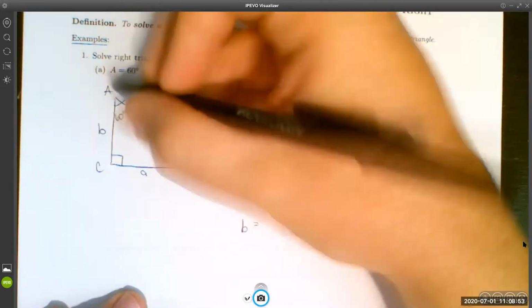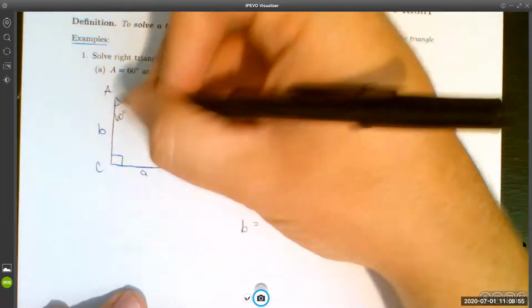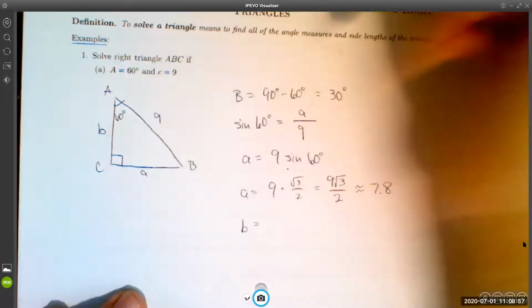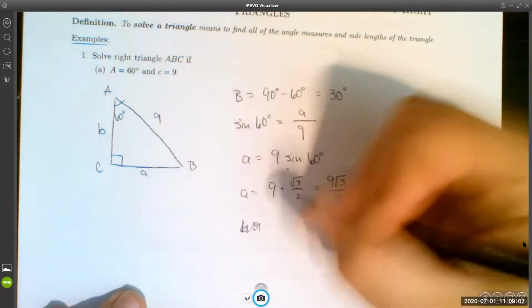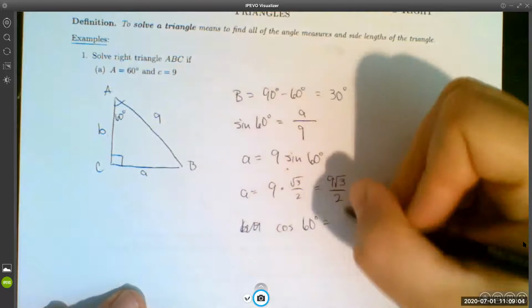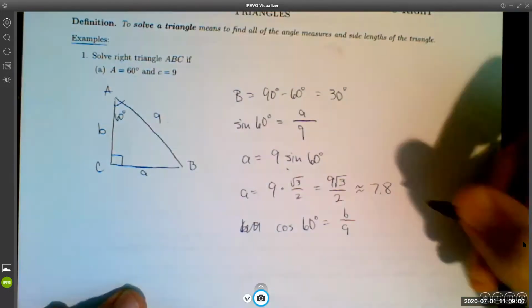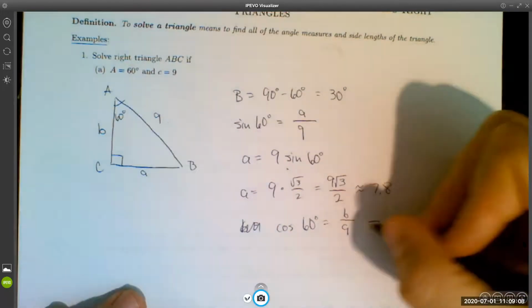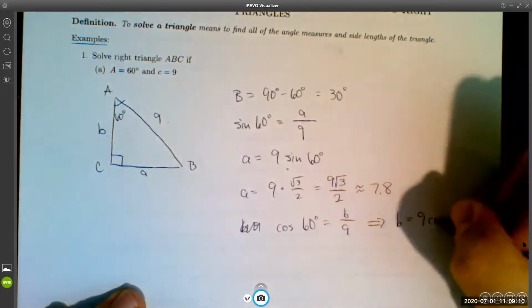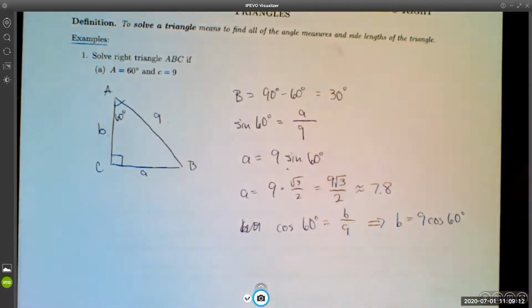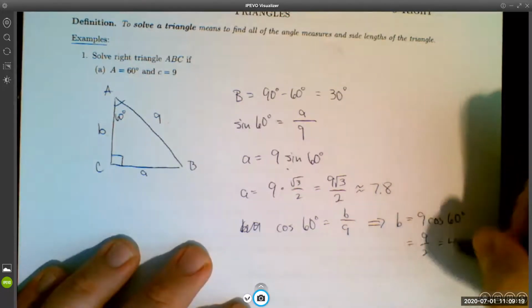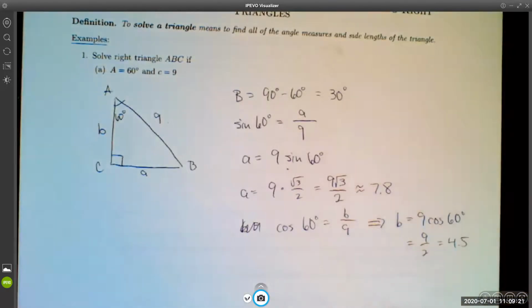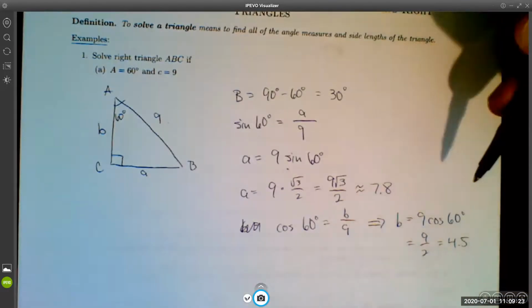So for B, you can say cosine of 60 degrees is B over 9. So B is 9 cosine 60. That's 9 halves, or 4.5 if you like, because cosine of 60 degrees is 1/2.